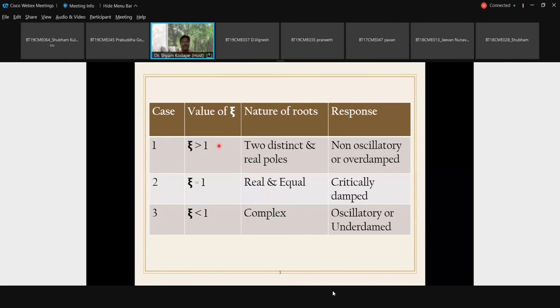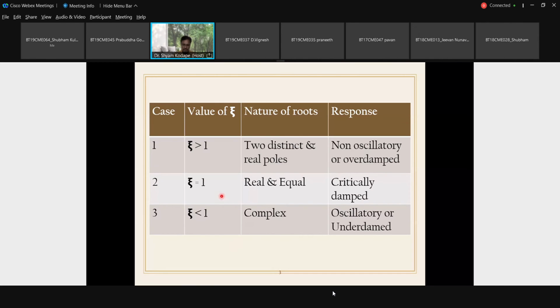So when the value of psi is greater than 1, for P1 and P2 you will get two distinct and real poles. See, in P1 and P2 you just substitute the values.